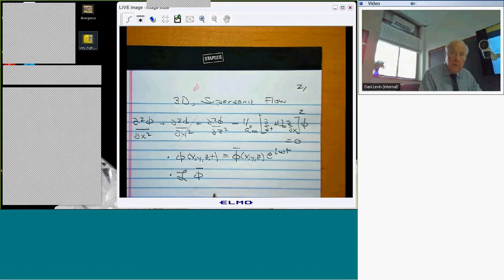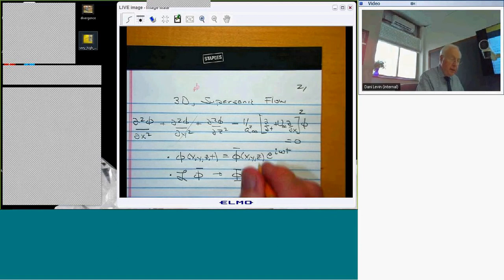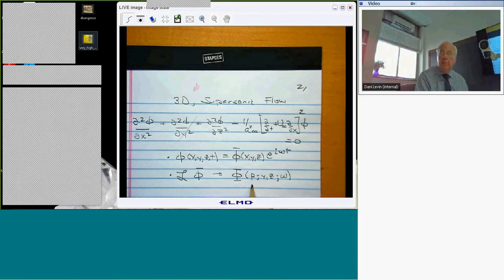And just as before in 2D flow, we're going to take the Laplace transform of phi bar, and that will produce something we'll call capital phi, which now depends on what? It depends on the Laplace transform variable p, never to be confused with pressure, as well as y and z. And of course, it also depends on omega. So we take this and put it in here, and all the time derivatives get replaced by i omega, and all the x derivatives get replaced by p.